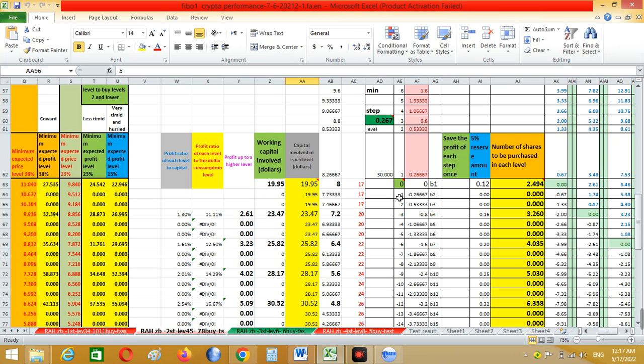By this leverage, the first buy dollars equal 19.95, and the amount at price 8 equals 2.49. At price 7.2, we buy 3.26, and dollars equal 23.47.